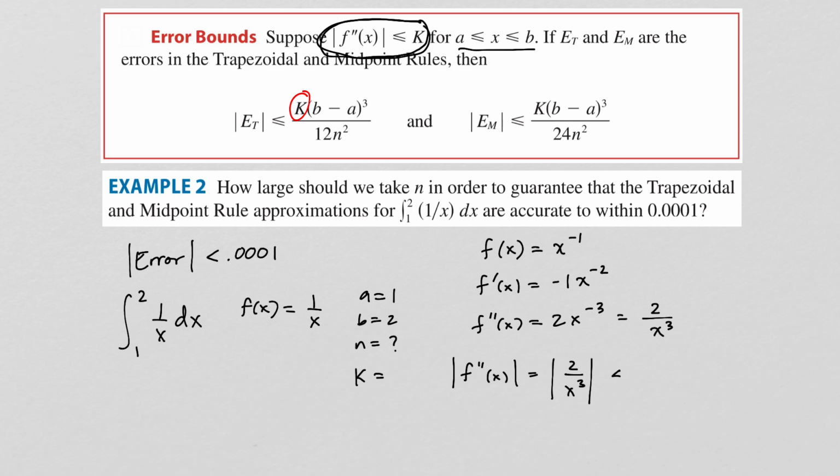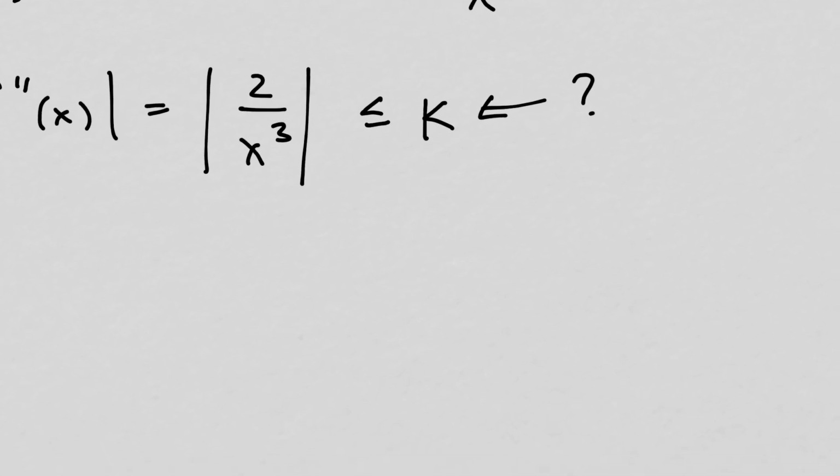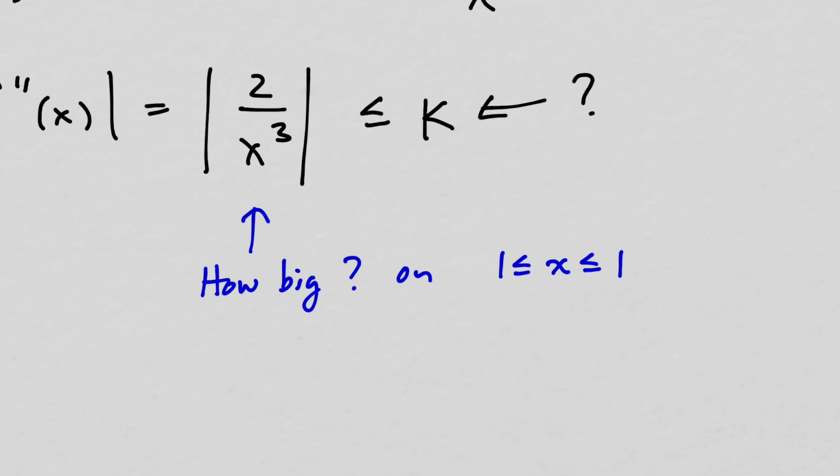And we need this to be less than or equal to k for some k value. So when you get to this point, basically the question is this: how big can this expression get on the interval? And the interval in question here is from x equals 1 to x equals 2.